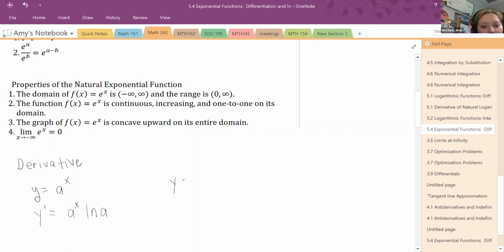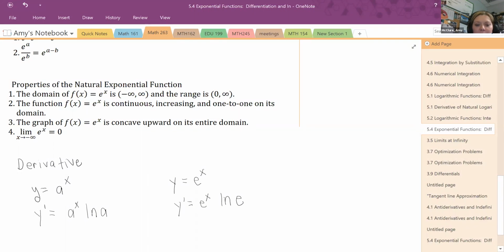So if you had e to the x, the derivative of that would be e to the x times the natural log of e. Now, what does the natural log of e equal?